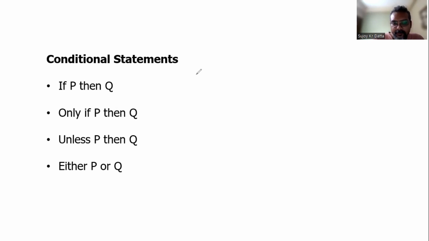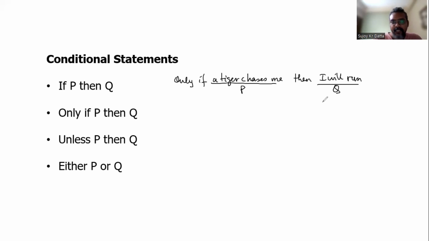So only if P then Q, say for example, only if a tiger chases me, then I will run. So that means I will not run under any circumstance other than that a tiger chases me.